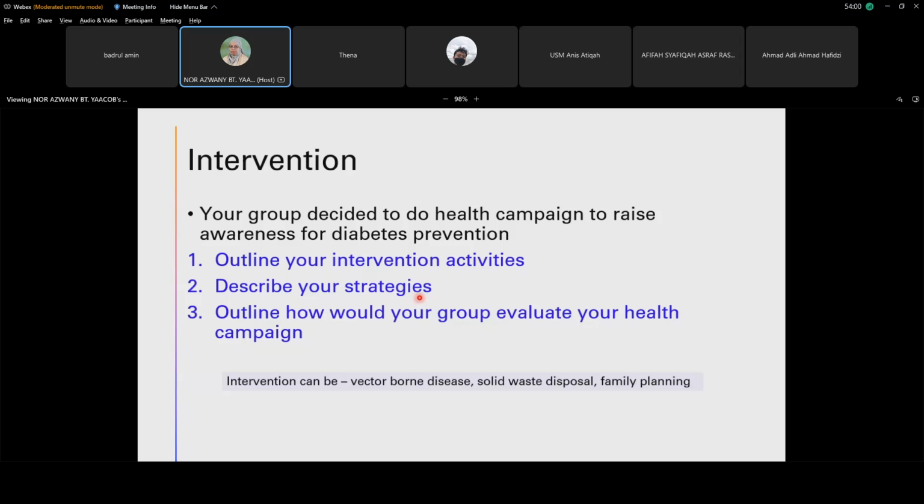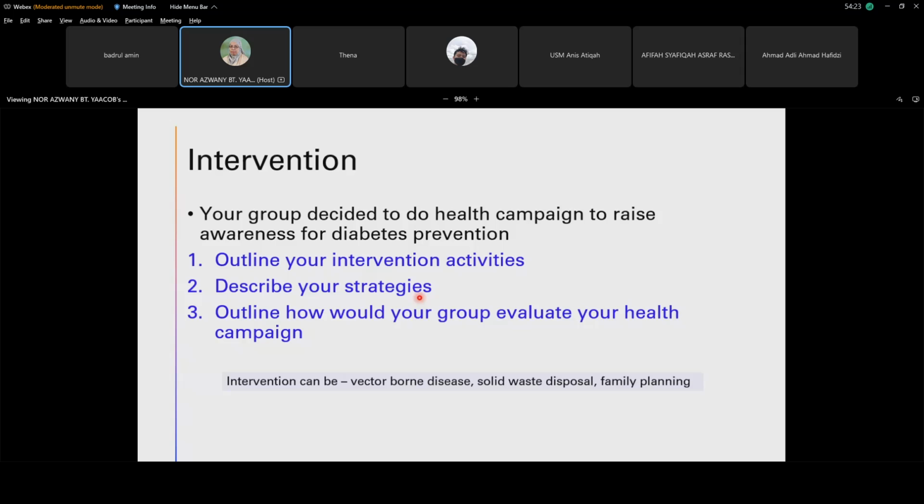Strategy is how you're going to make sure that your intervention works well or succeeds. For example, you put up a banner, you do house visits, and you do crowd-pulling activities like health screening, coloring, and games. So that is your strategies.